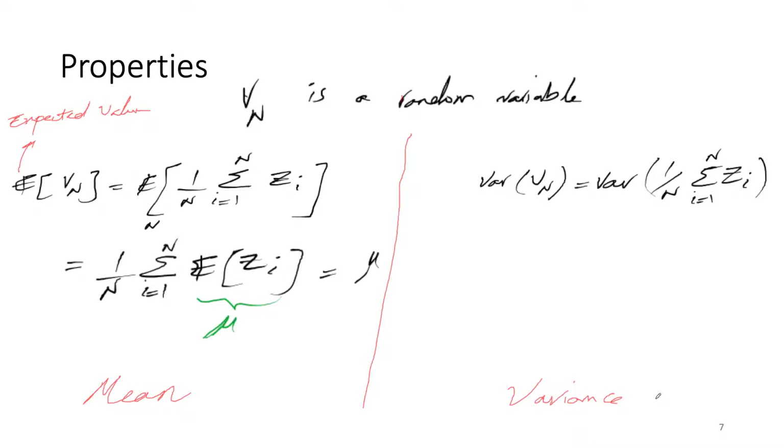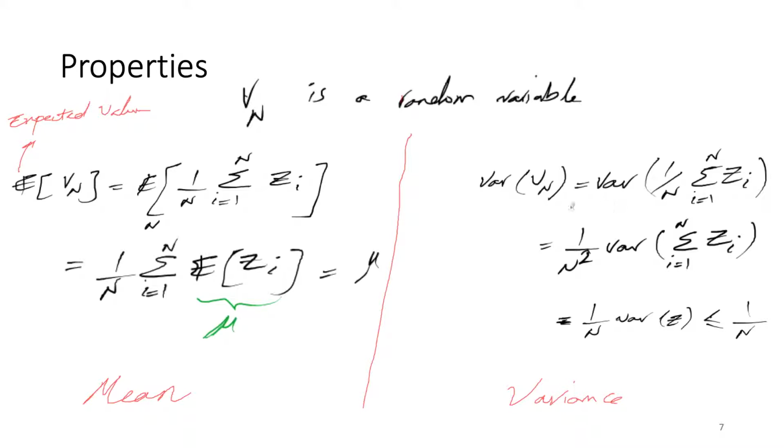And if you take a look at the random variable formulas, the variance of the random variable, if you don't want to relate it to the mean, you can define it like this: 1 over n squared variance of summation of i's from 1 to n, zi, and this would be 1 over n of var z.